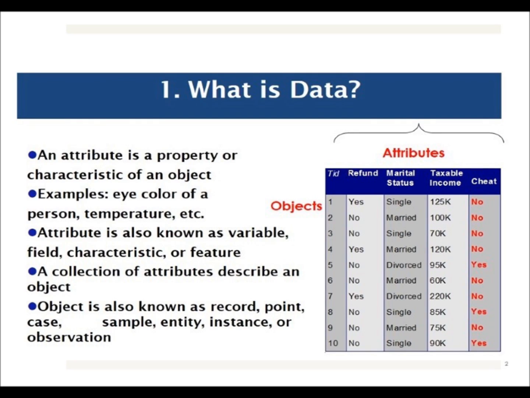So what is data? What you see on the right hand is the ideal data. You're going to do the data mining. This is just a little section of a data mining project, trying to find what kind of mortgagor's tax return is cheating.